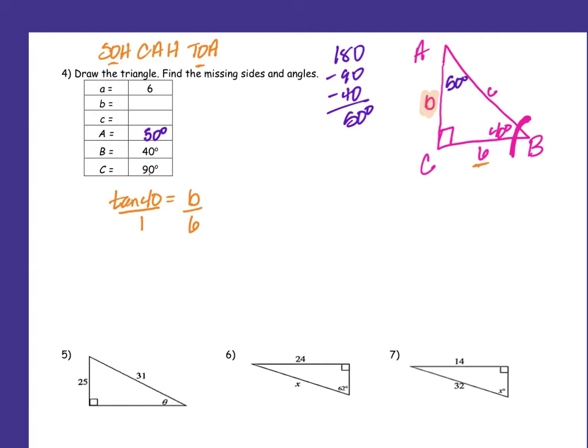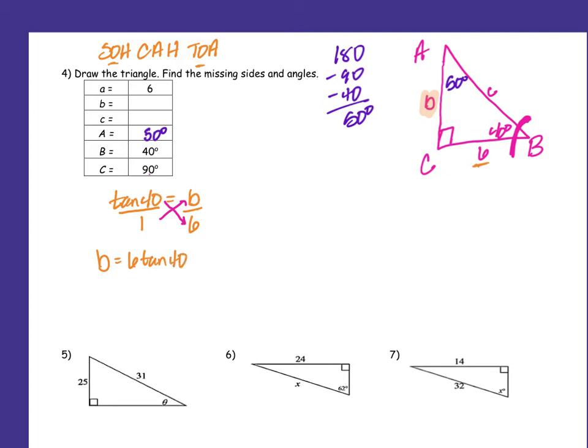Let me look in the chat, see if there's anything in there. So if I have one fraction, which is tangent of 40 over 1, equaling my other fraction of B over 6, what I'm going to do is cross multiply. So I'm going to take 1 times B and tangent of 40 times 6. So what I get here is B equals 6 tangent of 40.